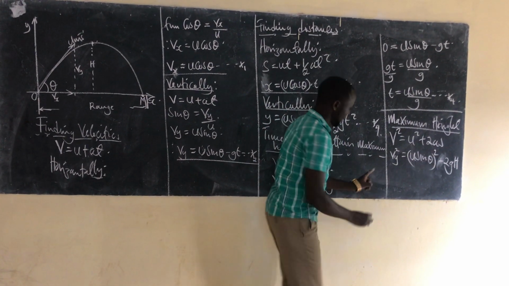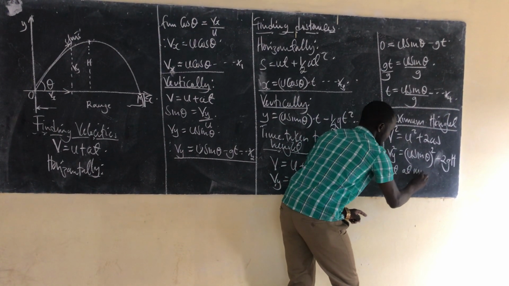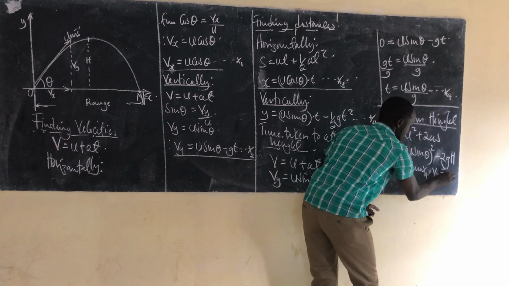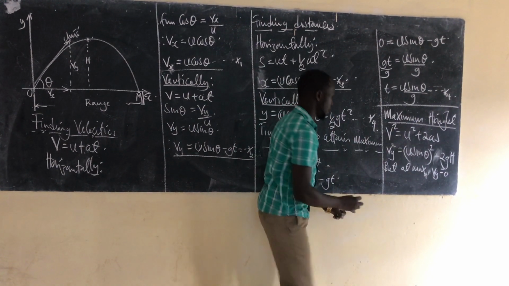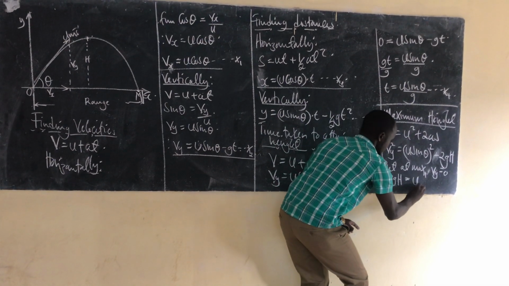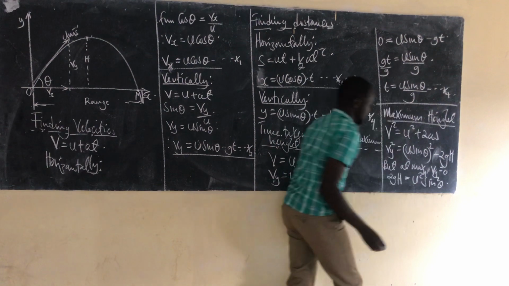But at maximum height, Vy is equal to 0. So we shall have 2gh giving us u squared sine squared theta.